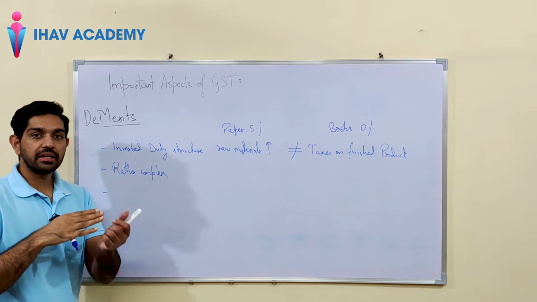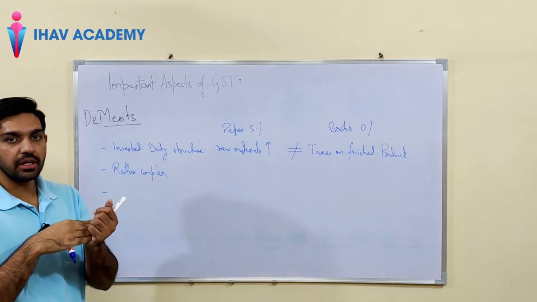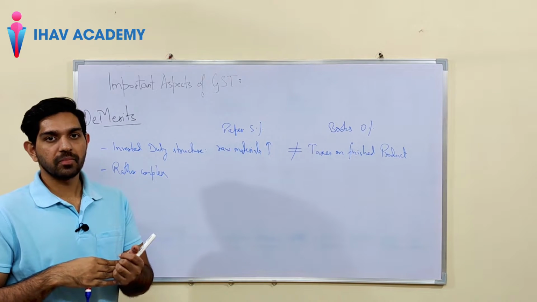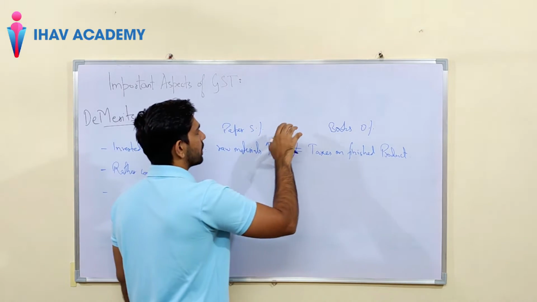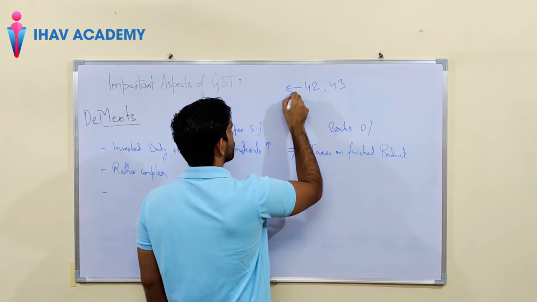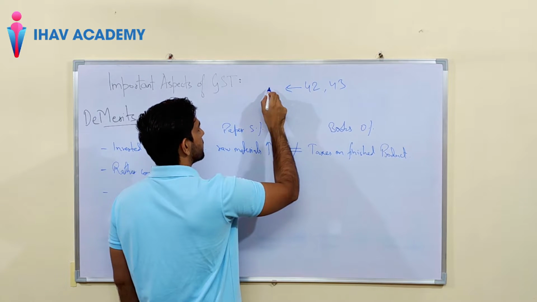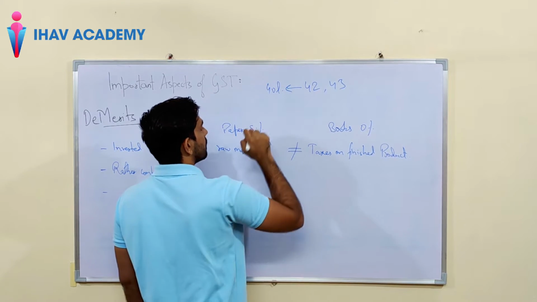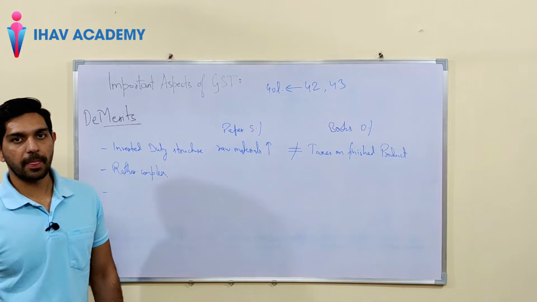It means they will try to hold their turnovers below 40 lakh. And if their turnover is around 42 or 43 lakh, then also they will show in their income tax returns their turnover as 40 lakh only.